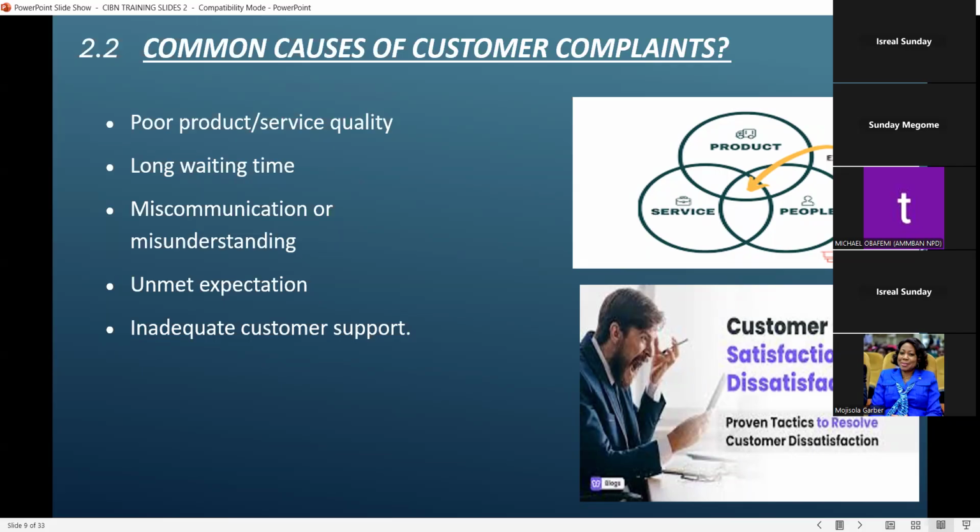Unmet expectation. The customer, before coming to your place, already has an expectation. My expectation is that I'm going to Alhaji Sanusi's shop, and if I reach there, I'll get those 10 bags of rice, and you can be rest assured they'll be very clean and neat.